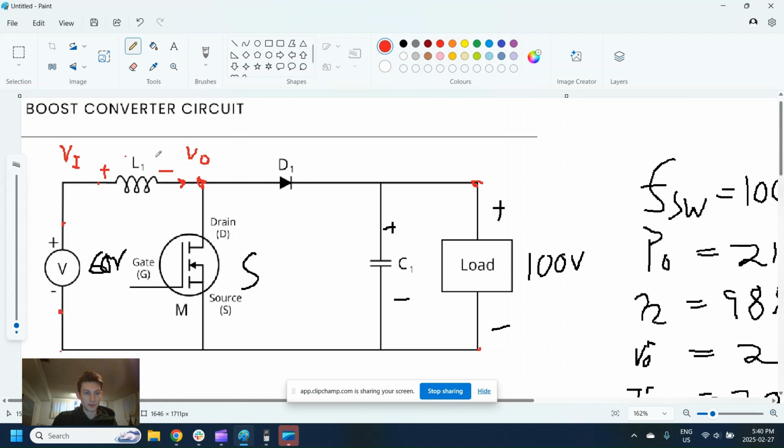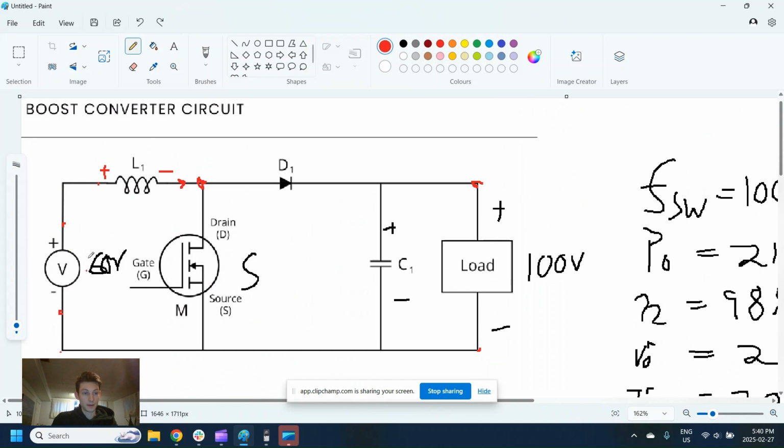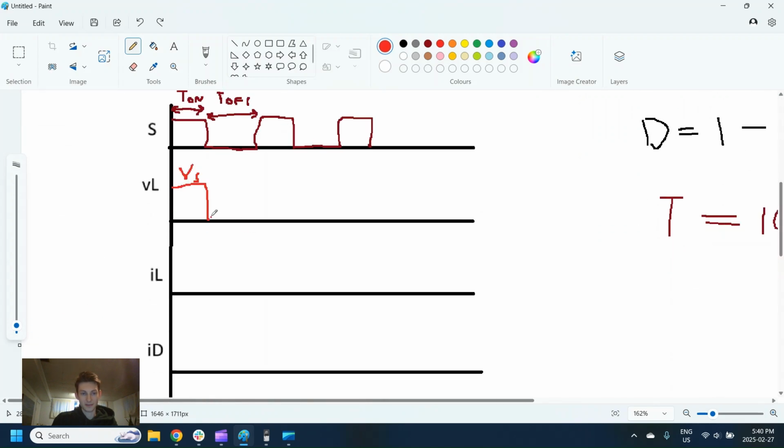So the voltage across the inductor is just going to be V in minus V out, because we're going from this side to this side. So that is going to be, V in is going to be 60 volts, and V out is going to be 100 volts. V out is always going to be larger because it's a boost converter. That means that our voltage across the inductor is going to be actually negative in that period of time.